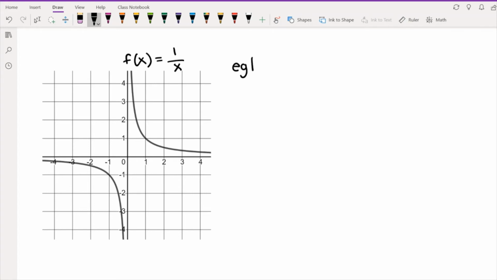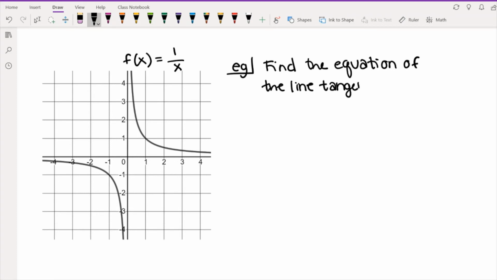We want to find the equation of the line tangent to, let's call it g of x just to mix things up, g of x equals 1 over x, at x equals 2. Again, there are basically just two things we need to do. The first thing is to find the slope.